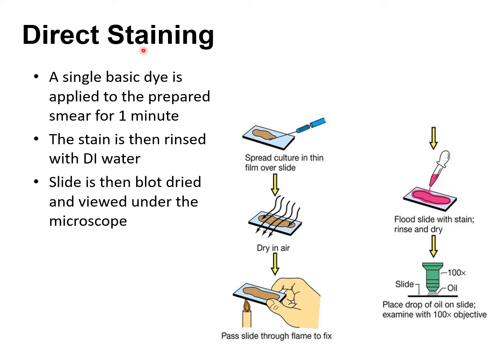Now, with a direct stain, or as I said, a positive stain, I'm going to go over the steps with you. We usually use a single dye, and that dye is a basic dye, and we apply it to your prepared smear. You grab your slide and make sure that you've initialed it.